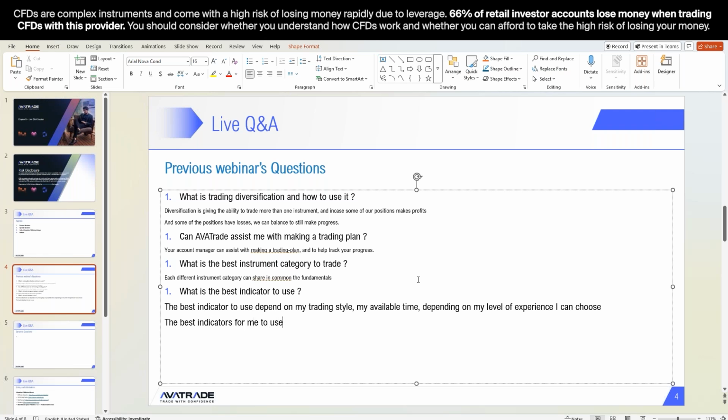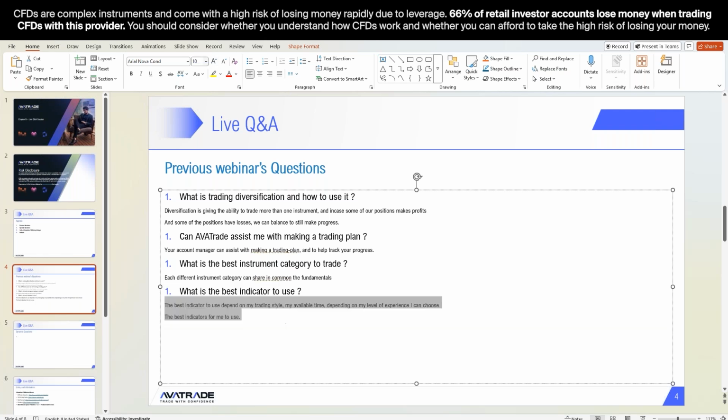And I'm also going to write here that I shouldn't have 20 indicators applied on the chart. Sometimes I would like to use the indicators separately and sometimes together.